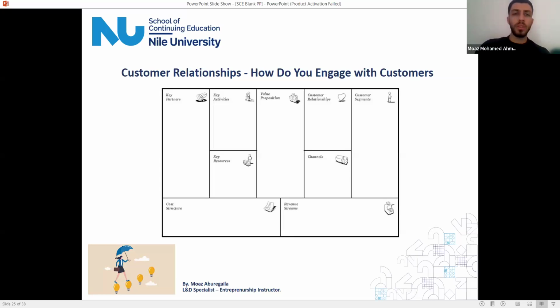What could be a co-creation? How could we define this word while talking about customer relationships? What could be a co-creation?